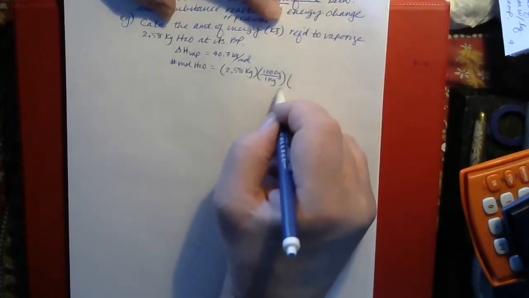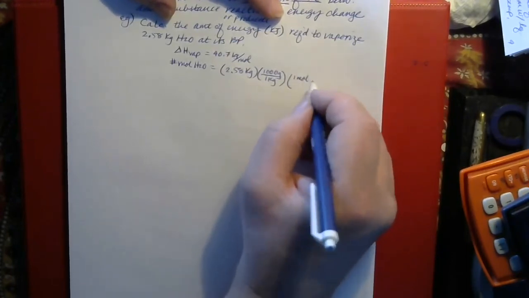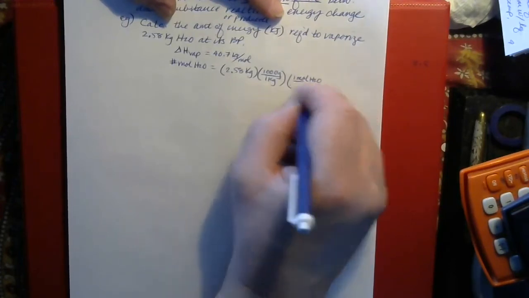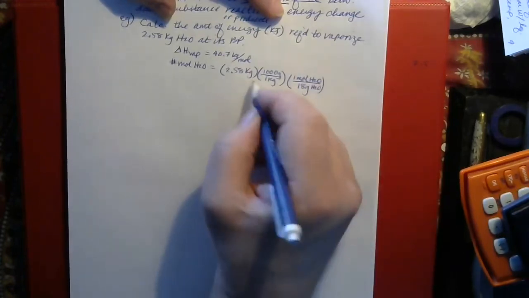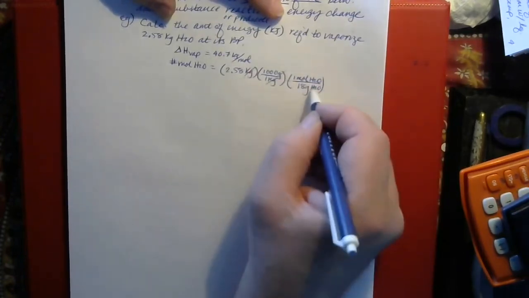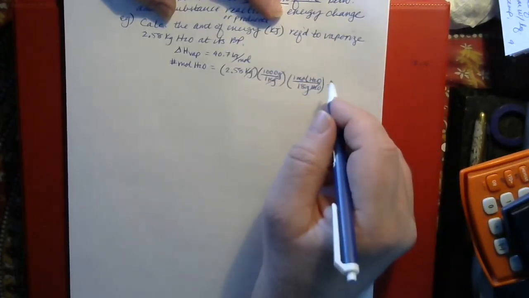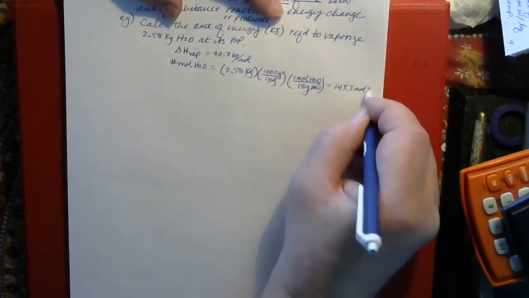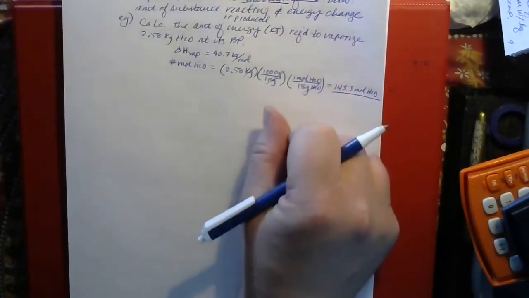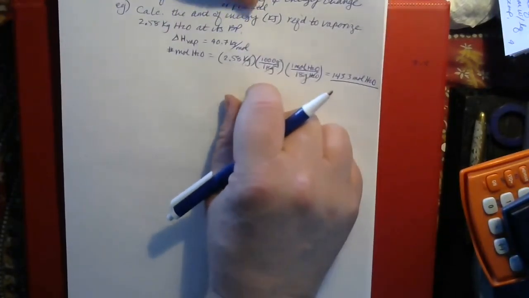And then once we have the number of grams, we can look at the periodic table and add up the fact that there's 1 mole of water for every 18 grams of water. So kilograms cancel with kilograms, grams cancel with grams, and we have moles of water as our answer here. And this is 143.3 moles of water. That's a lot of moles of water, but 2.58 kilograms is a lot of water.